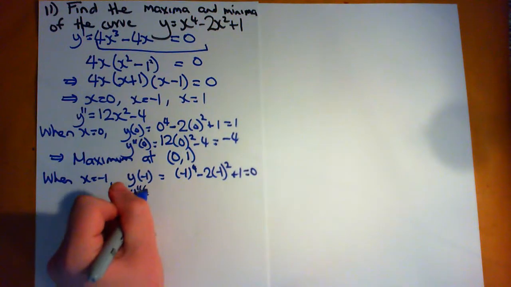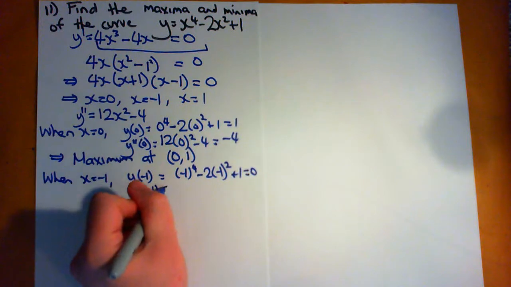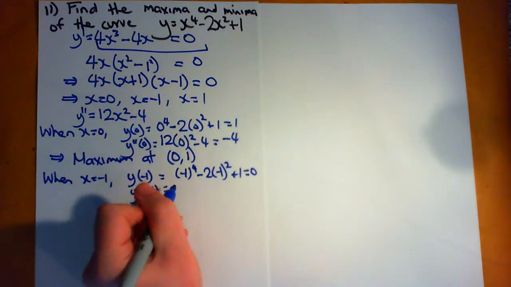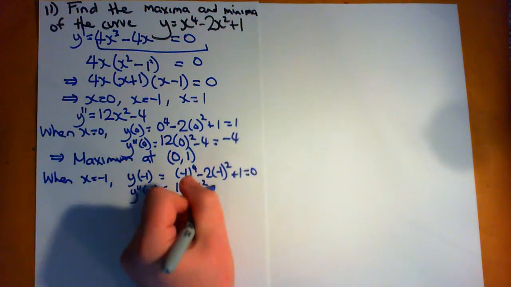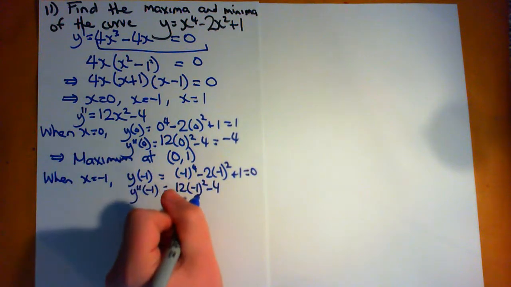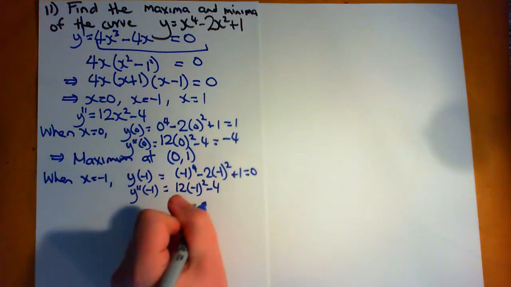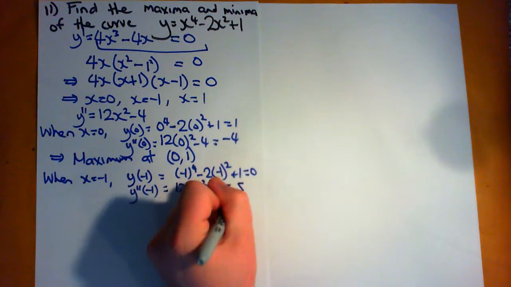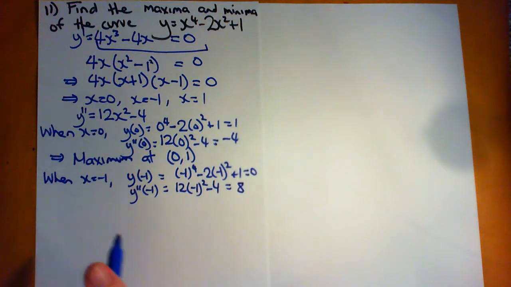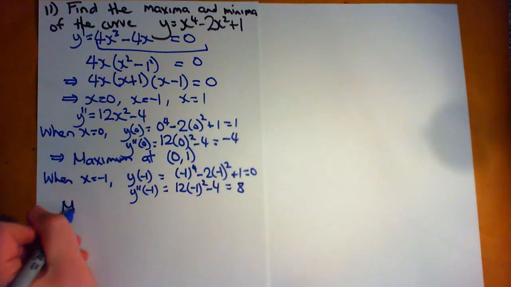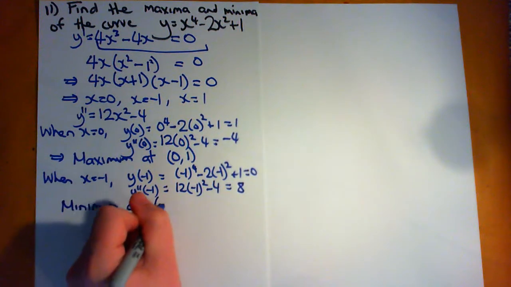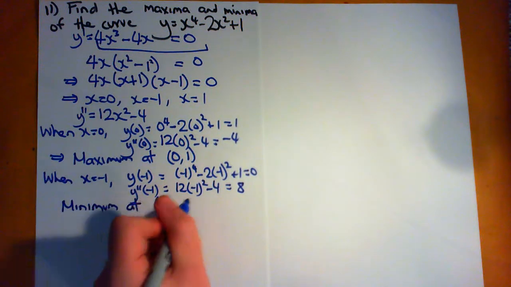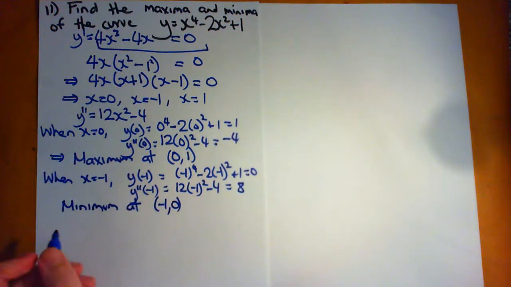And the second derivative, if we evaluate that at negative 1, we get 12 times negative 1 squared minus 4. So negative 1 squared is 1, times 12 is 12, minus 4 is 8. That second derivative turned out to be positive, which means we have a minimum at x was negative 1 and y we found to be 0.